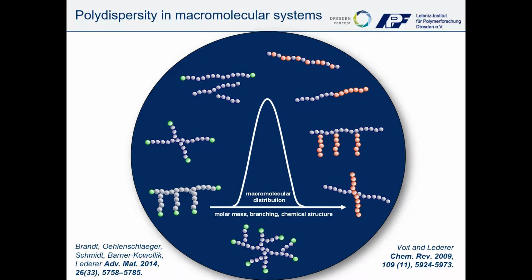Polydispersity in macromolecular systems is a main issue which has to be taken into account when tuning material properties. Polydispersity in terms of macromolecular weight is the usual one we are talking about, and this means that we have different sizes of the polymer chains and different lengths. When we are talking about polymers, we have to take into account also their topology.